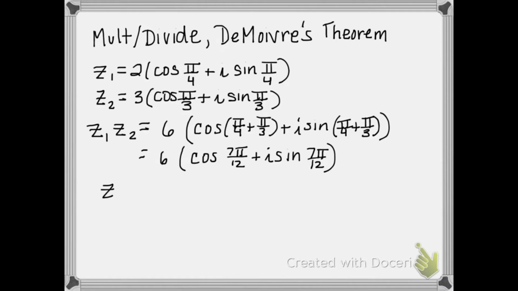All right, now let's do z2 divided by z1. So this is a division problem, and then I divide the real parts. So I've got z2 over z1, which is going to be 3 over 2, and I am going to do cosine of, z2 is pi over 3, so pi over 3 minus pi over 4.